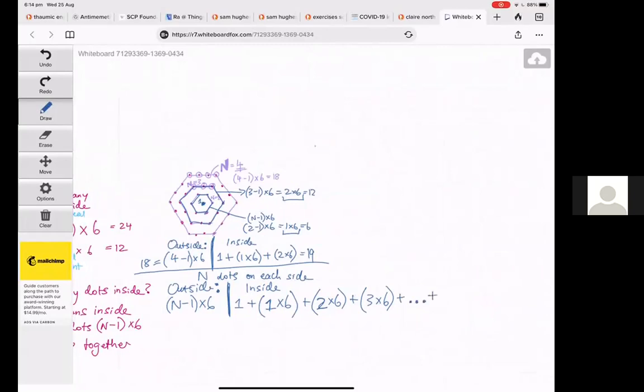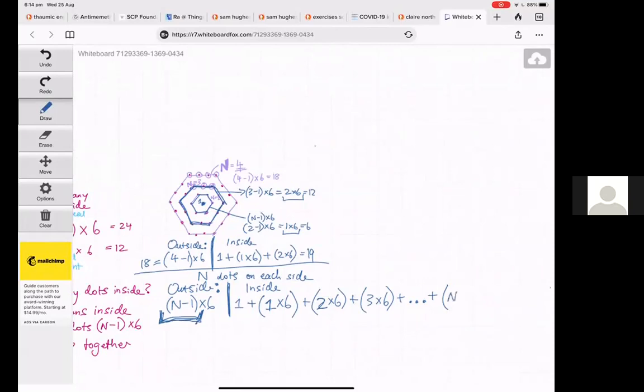We keep adding things up until we reach the number that's just 1 less than this number, which represents the hexagon that's just inside, the biggest hexagon inside our largest hexagon.